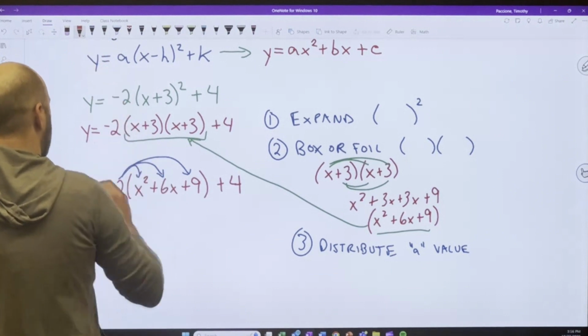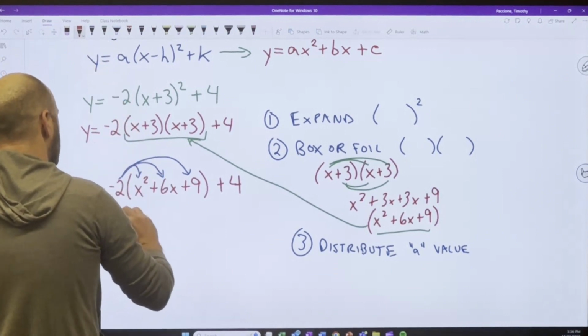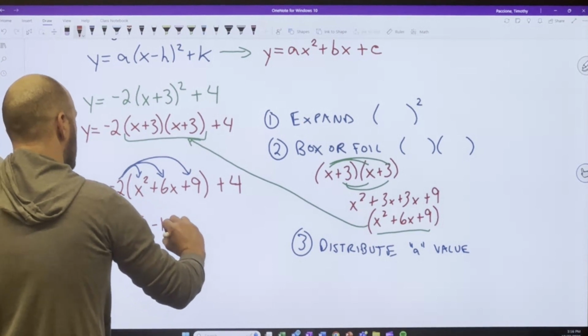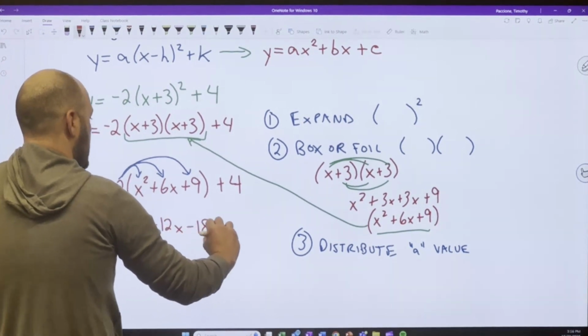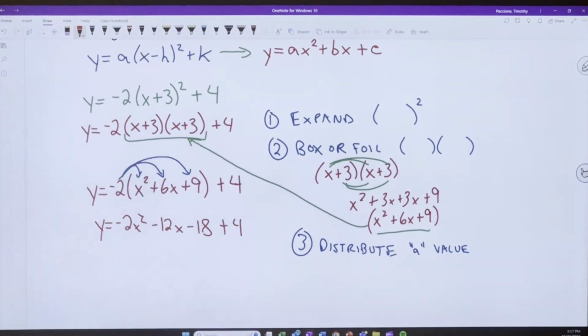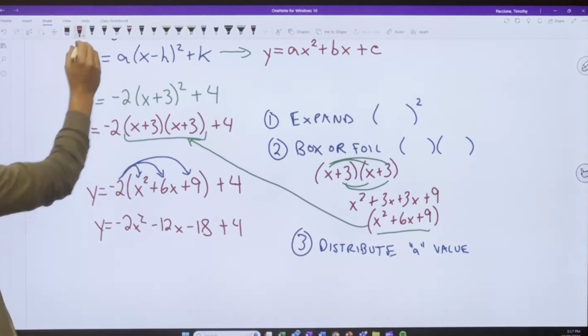So what happens? Well, we end up with y equals -2x squared minus 12x minus 18, and then again, I still have this plus 4 at the end. And the only thing I have to do now is what? Simplify. -18 plus 4 can be combined.